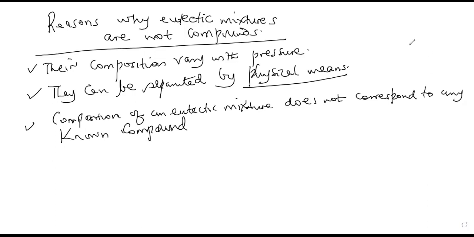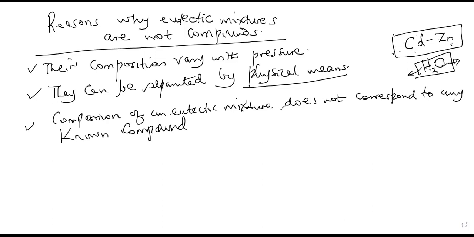For example, a cadmium zinc mixture forms a eutectic. You cannot tell that this is a combination of this and this. Once you mix these components in a compound you can't separate them, but eutectic components can be separated. So the composition of a eutectic mixture does not correspond to any known compound.